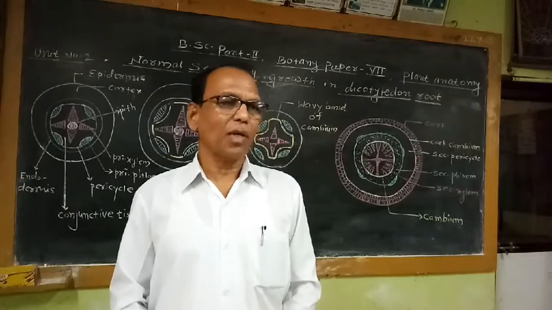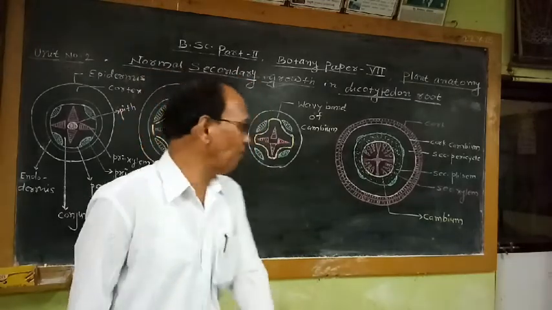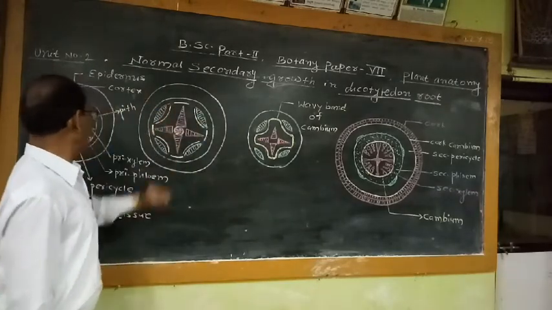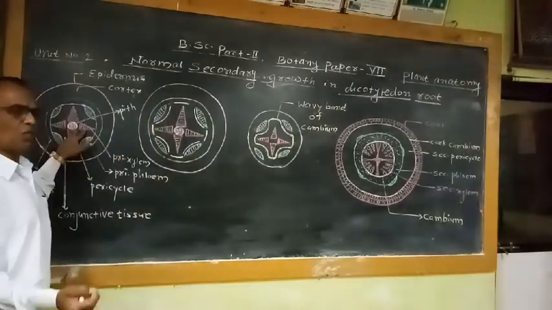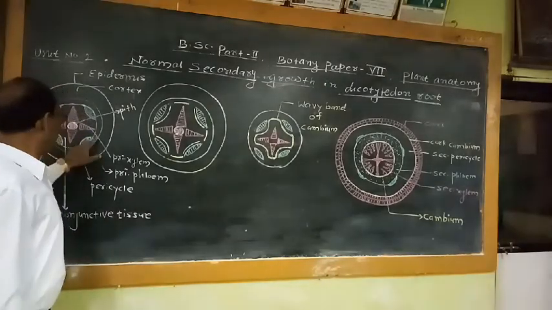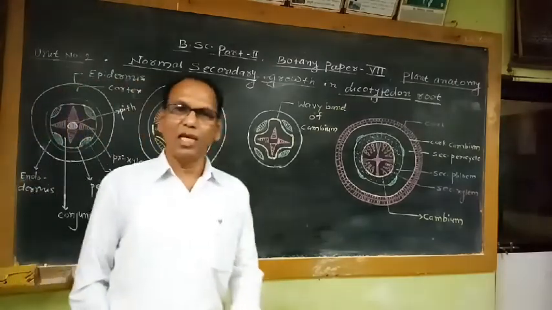The original conducting tissues present in the primary plant body are primary xylem and primary phloem. Primary xylem is a conducting tissue responsible for conduction of mineral nutrients and water. Primary phloem is responsible for conduction of food material prepared by the leaves.